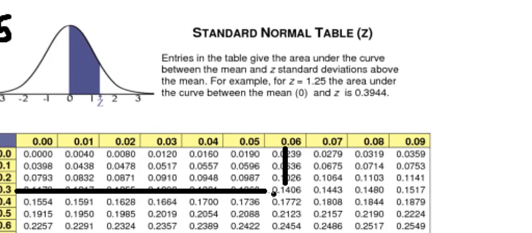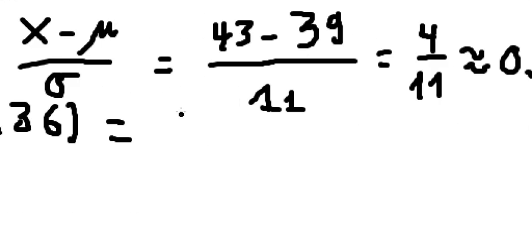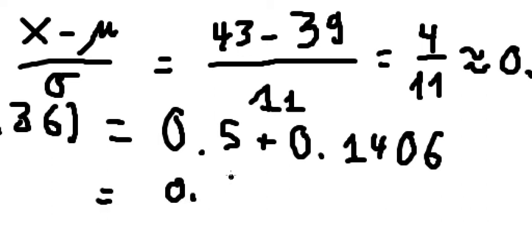That is 0.1406. We need to use this number plus 0.5 for the area on the left in here. So we have the final answer. And this one we have 0.6406.